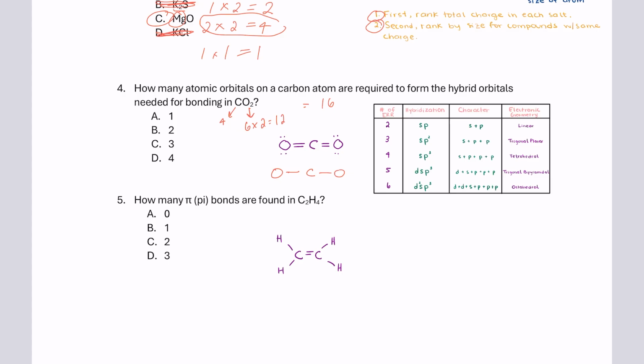We'll start by distributing them to the terminal atoms first to make sure each terminal atom satisfies its octet. In order to do that, we're going to give each oxygen atom 3 lone pairs. When we do that, we have now accounted for all 16 valence electrons. But there's a serious problem.